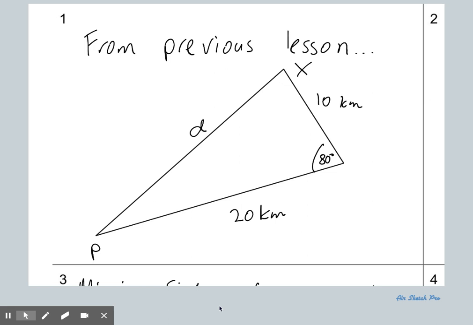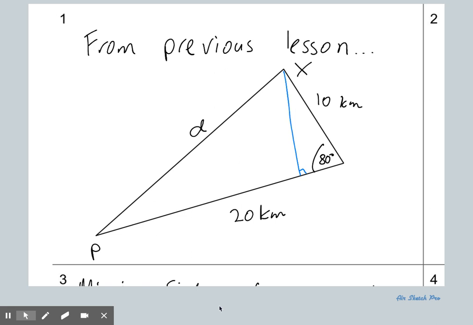Now, I'm not going to prove why this is so, but what I am going to say is that, just to give you a little bit of an insight, that if I take this corner here, X, and drop, actually I'll just use a different colour, and drop a line down here so it's perpendicular, like so, we have effectively split that triangle into two right-angled triangles.